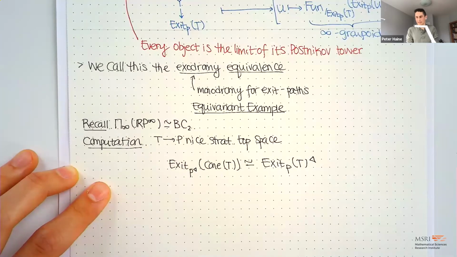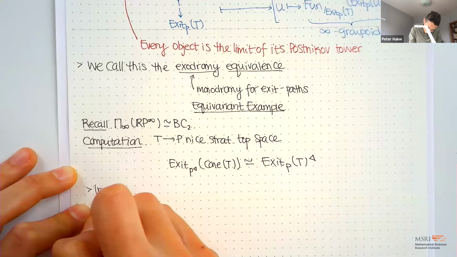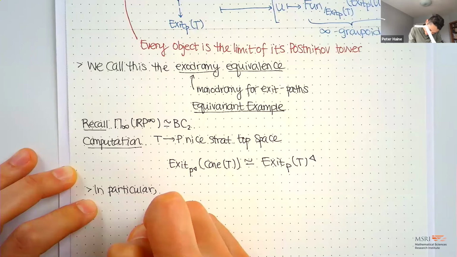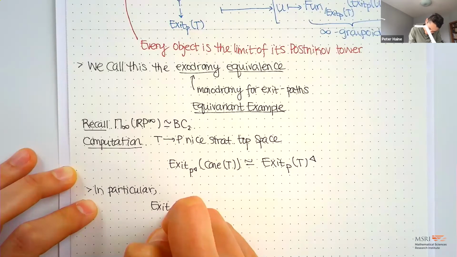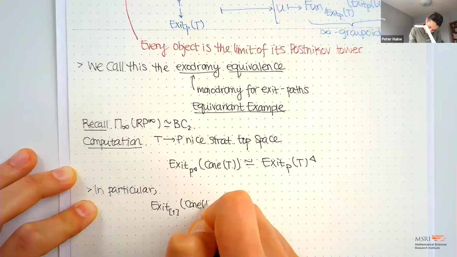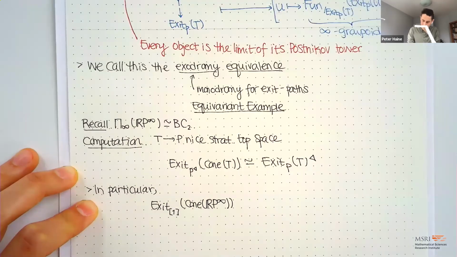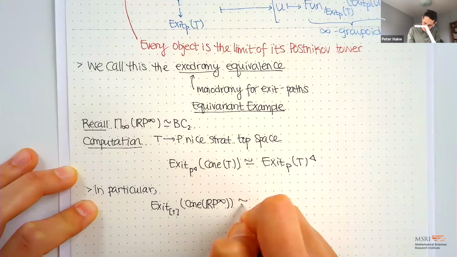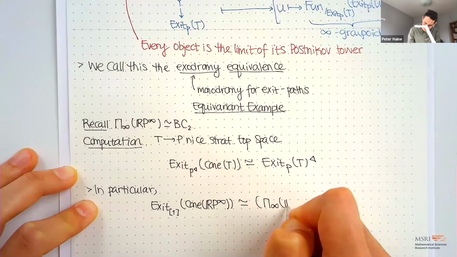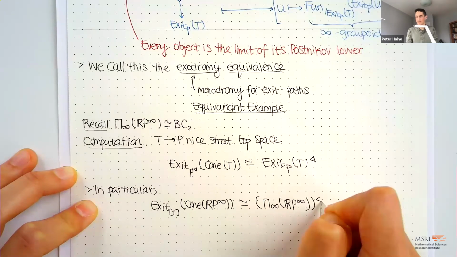In particular, if I take the exit path category over the poset 0 less than 1 of the cone on the completely unstratified topological space RP infinity, I take the underlying homotopy type of RP infinity and adjoin an initial object.